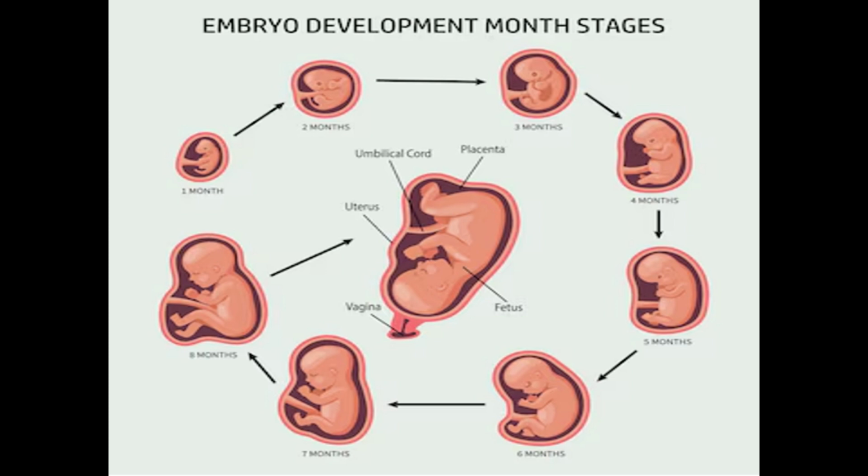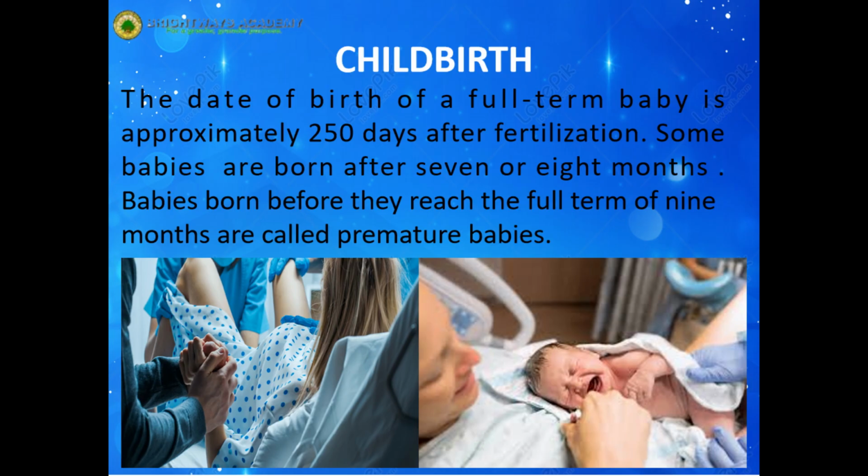The picture on the screen is the developmental stages of the embryo over the months until it's 9 months. So, after the development of the embryo up until 9 months, here comes the childbirth.